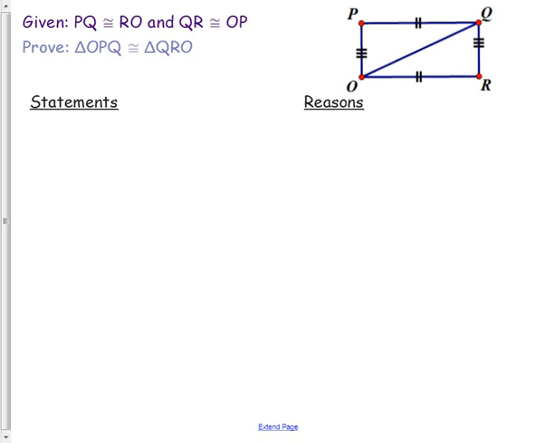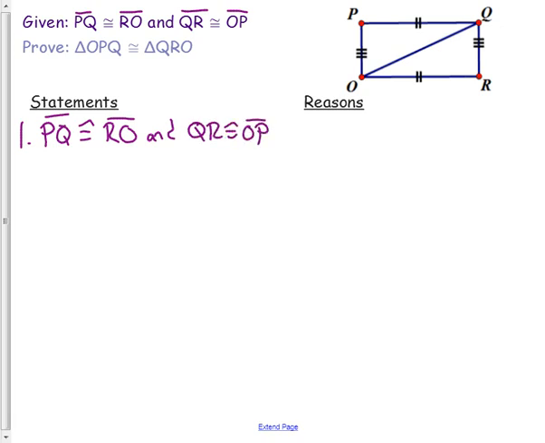All right, and in a section called Prove Triangles, we wouldn't get away without doing a single proof. So we have that PQ is congruent to RO, and QR is congruent to OP.